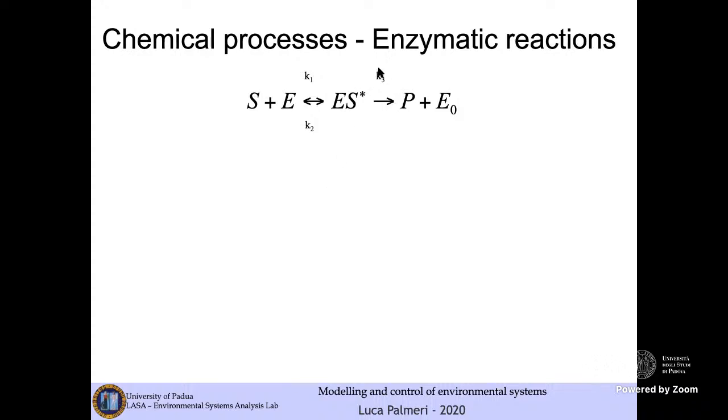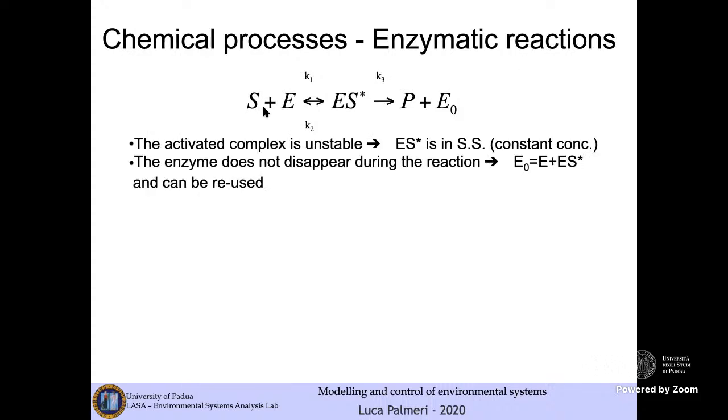And then the third part of the reaction, the part that goes from the activated complex ES star to the product, is represented by this third equation, whose speed is represented by the equilibrium constant K3.